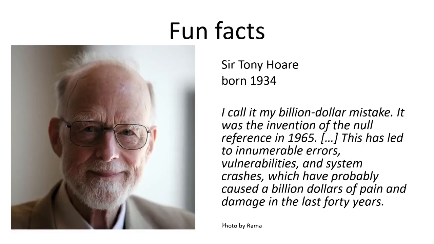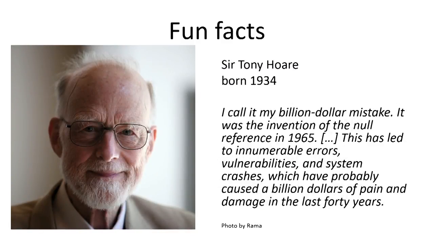Before I get into how that actually works, I want to give you a quick fun fact here. This is a picture of Sir Tony Hoare, who is a very famous computer science researcher. He works for Microsoft Research in England. I've met him. He's a super nice fellow. And he invented the null reference. And he famously said, "I called it my billion-dollar mistake. It was the invention of the null reference in 1965.